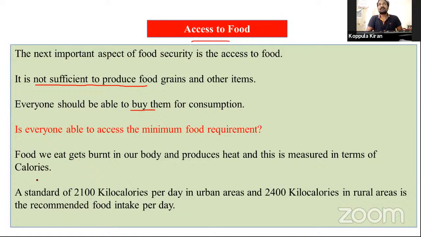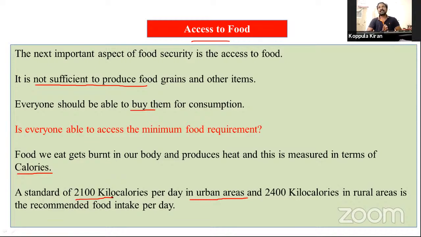Most of the village people do physical work in the fields, particularly agricultural fields. So they require nutritional food. This food is calculated in calories, what we take in. See this, a standard of 2,100 kilocalories per day in urban areas.